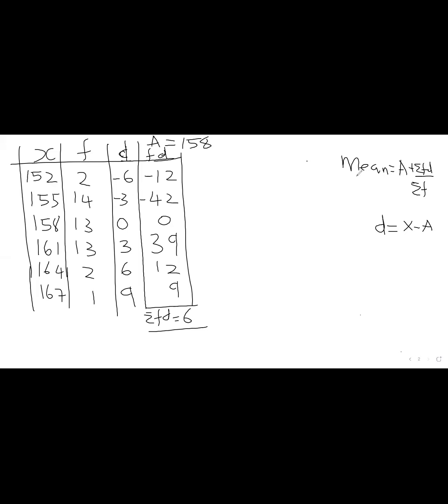Working mean makes your work very, very light. It's where you only need a calculator or a phone to divide. So you don't forget your working mean. Bring the working mean plus the 6 divided by the 45.